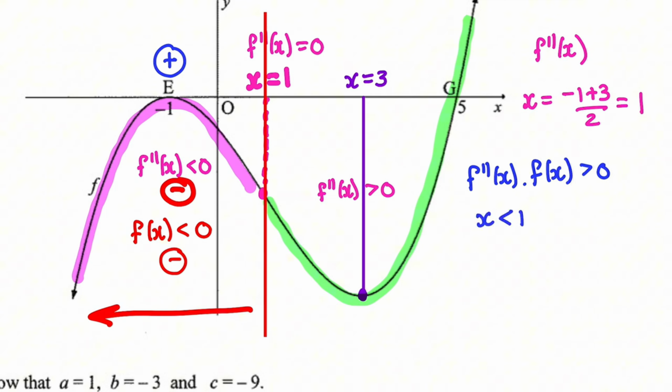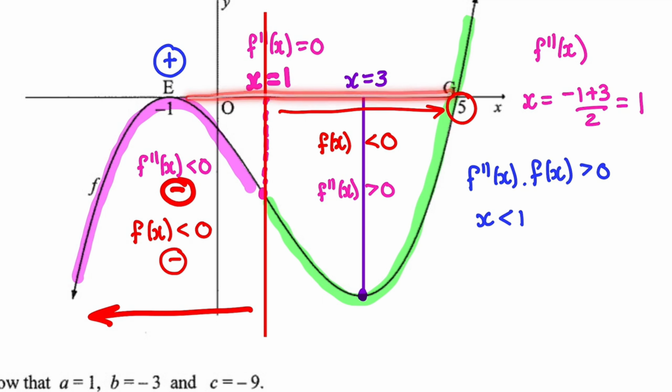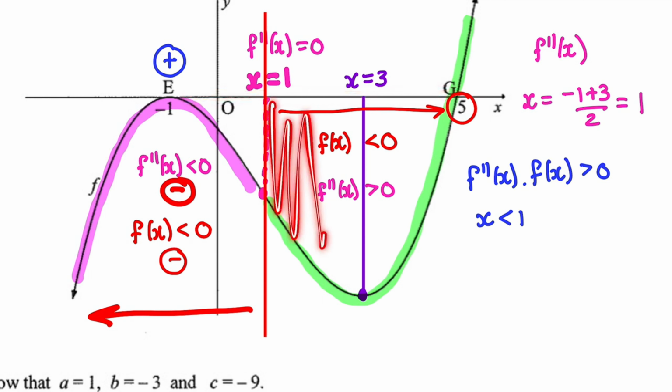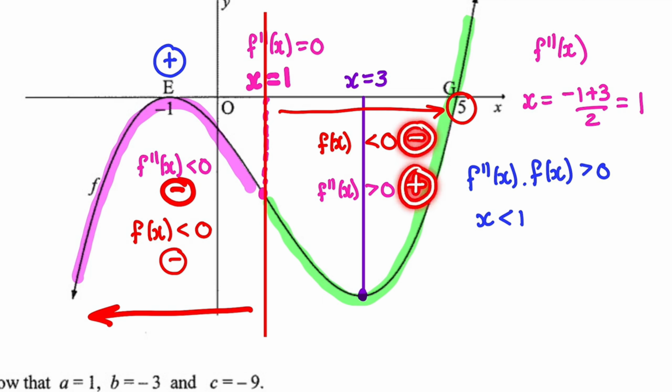And now let's inspect to the right of the point of inflection. Up until the x-intercept of 5, we have f(x) smaller than 0, or negative, because it's below the x-axis. So in this section, we have a negative multiplied by a positive, which gives me a negative result, and that does not satisfy bigger than 0.